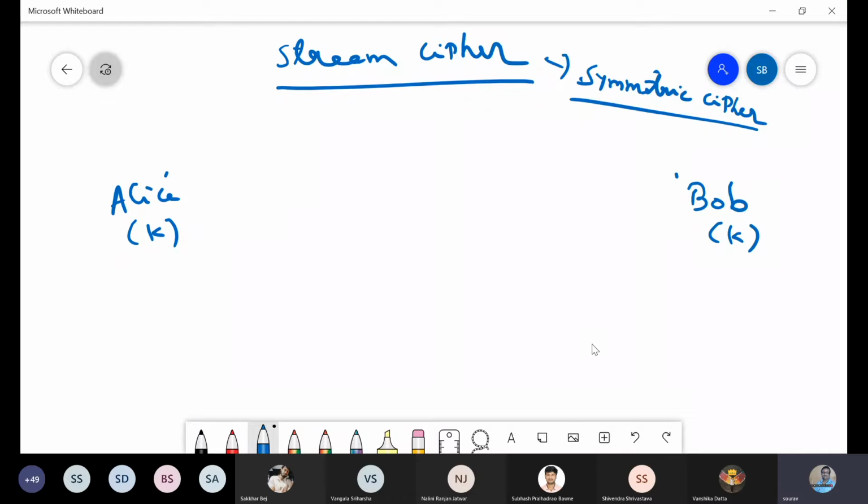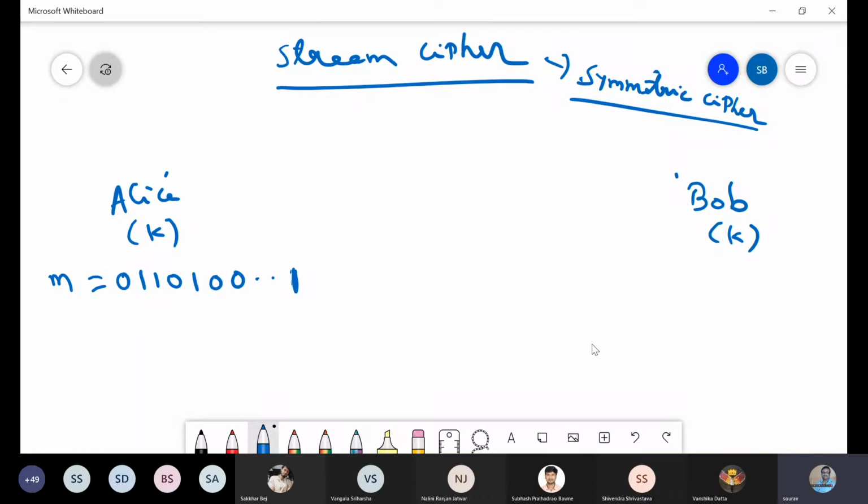Here our plain text is a sequence of 0-1 bits, say for example 0, 1, 1, 0, 1, 0, 0, something like that. Suppose this is our plain text. We can fix the length to some length, it doesn't matter. It can be more also.